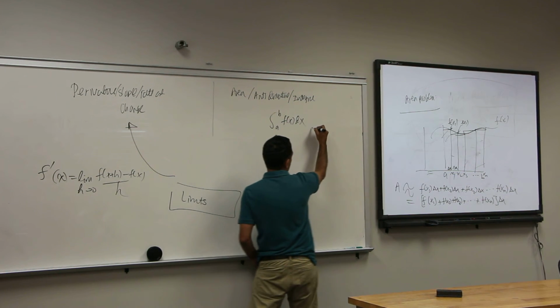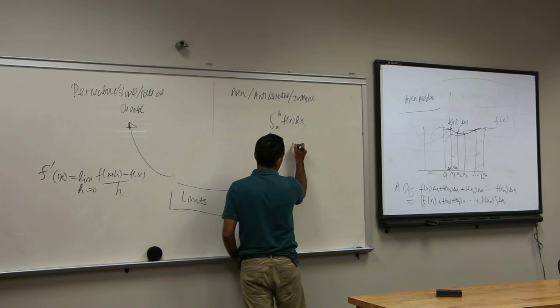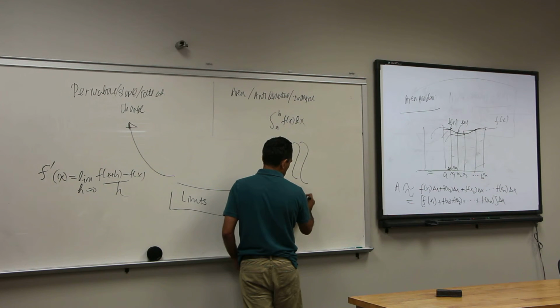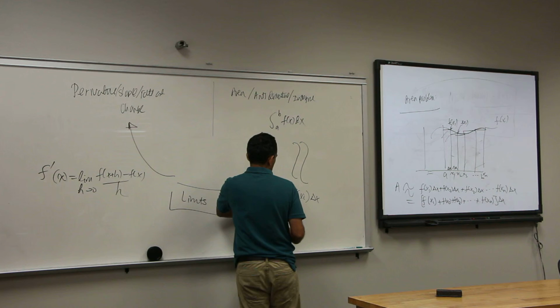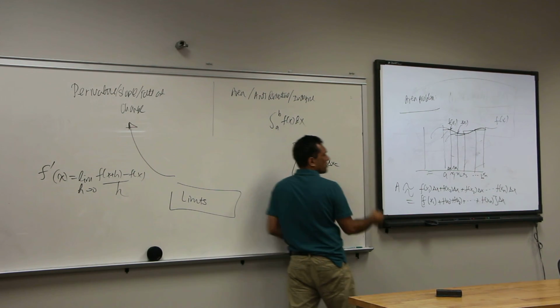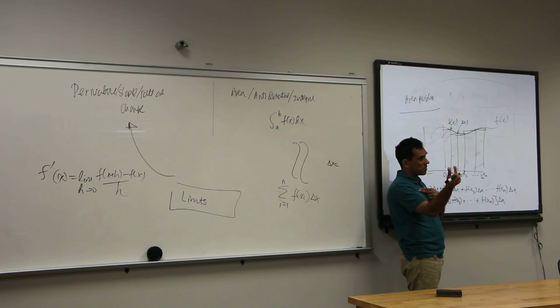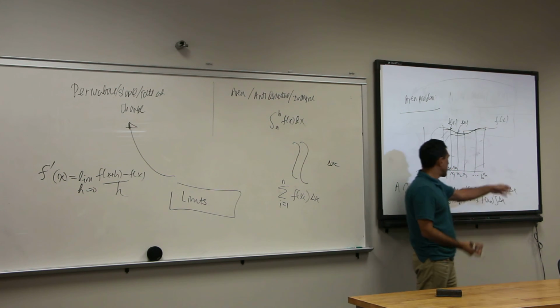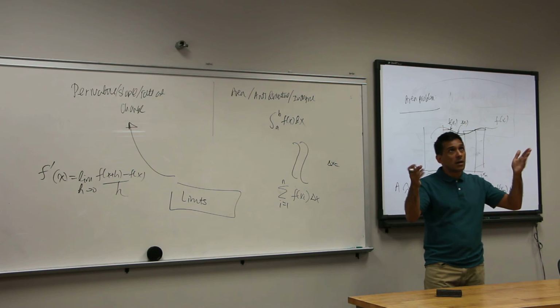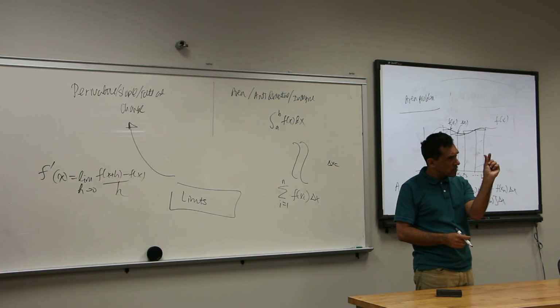So this is approximately. And of course, your delta x is what? What is your delta x? You take your b minus a and divide it by n. And this was 10, and this was 2. You do 10 minus 2, and if you want to break it up into 20 intervals, 8 over 20 is delta x.